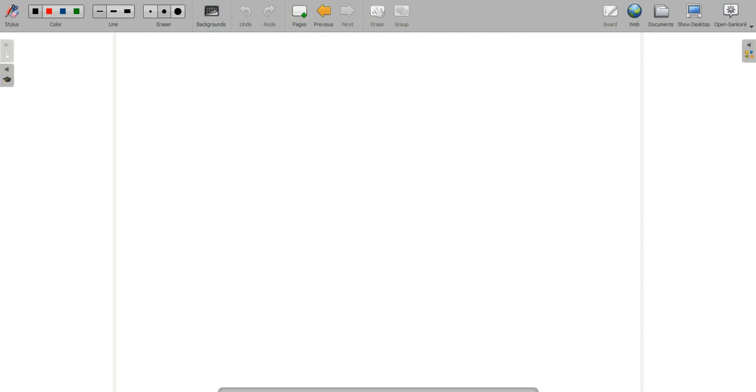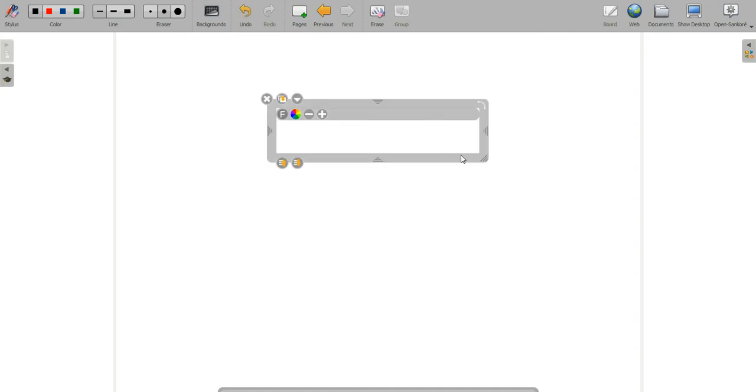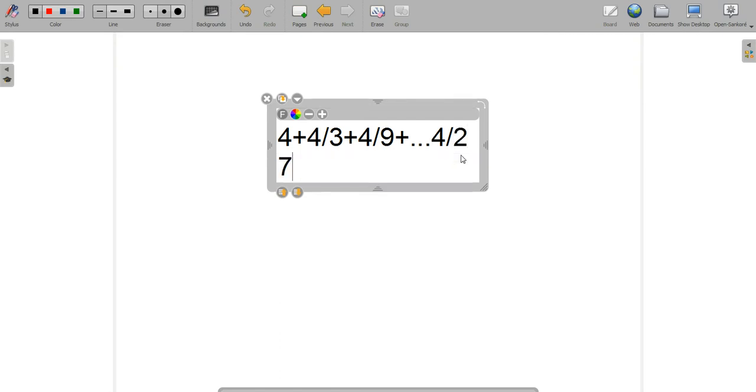Okay, so moving on. Let's say we have a number 4, and then that number we divide by 3. And then we divide that by 3 again, and then we divide that by 3, and so on and so on, and we get 4 over 27.